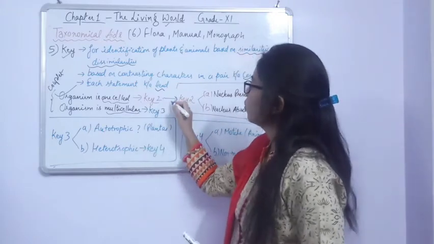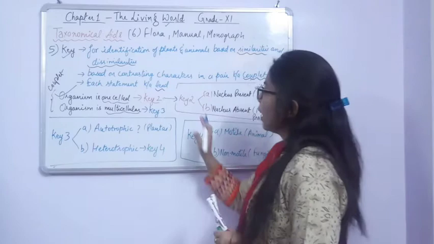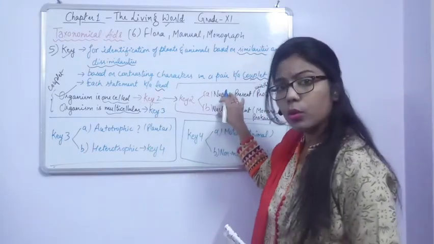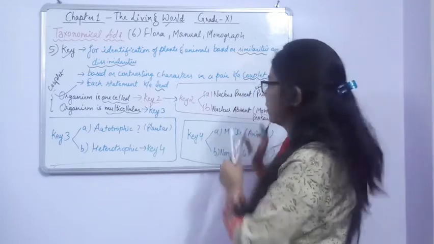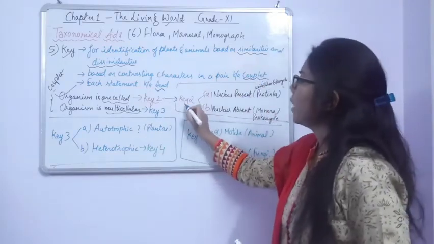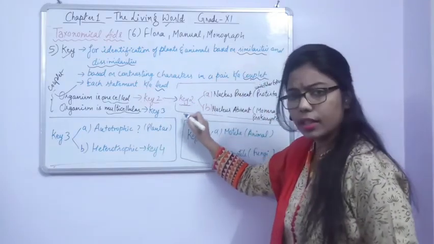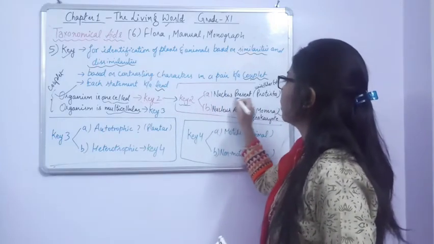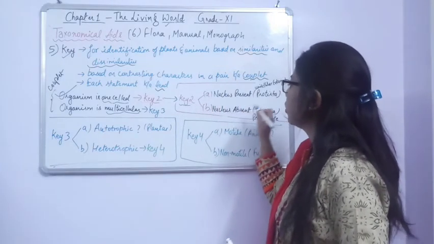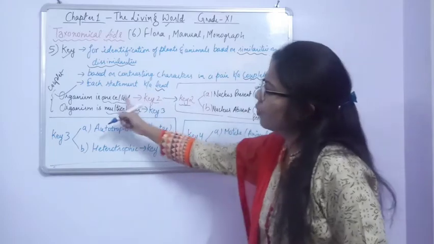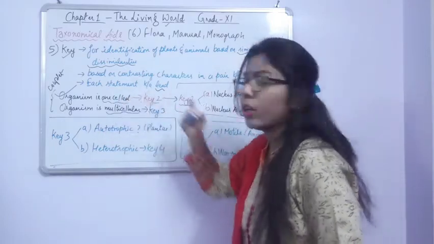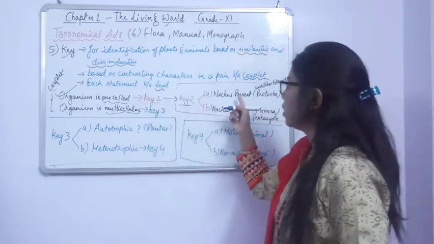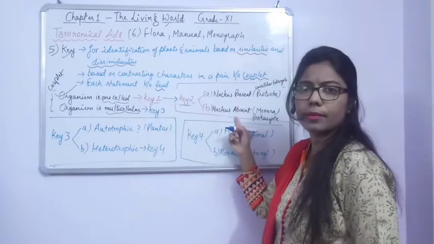Now we are moving towards key number 2. Again in key 2 we have two different, contrasting characters, those are a couplet, right? So in another key you will find another option: nucleus is present or nucleus is absent. If we are talking about the unicellular, what are you observing in this unicellular, is the nucleus there or absent?